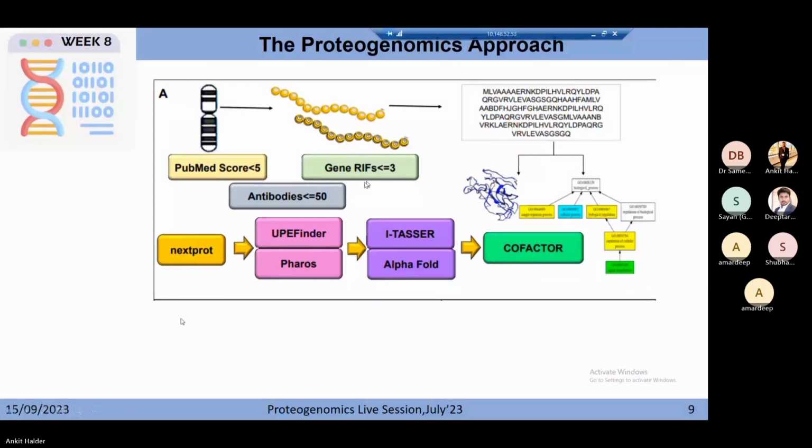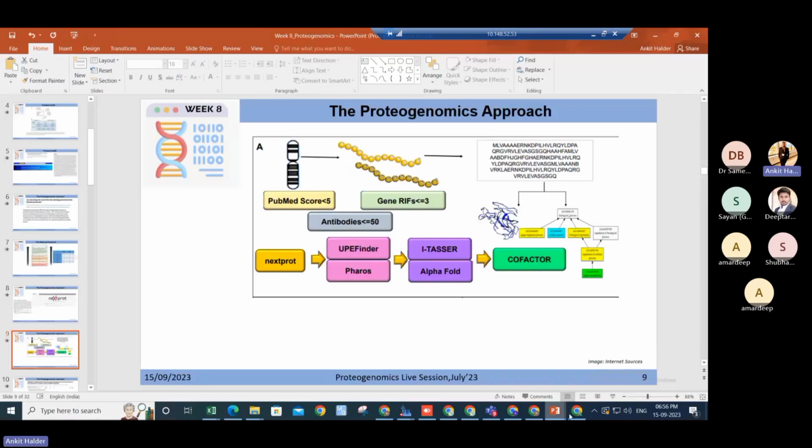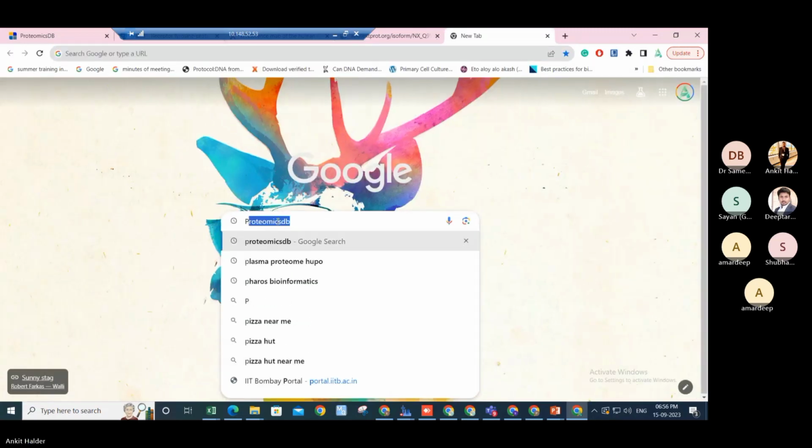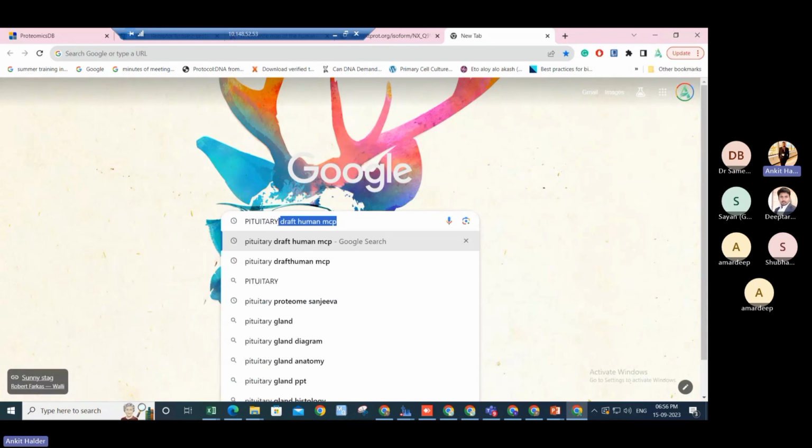So this is a kind of workflow that we have followed for identifying certain proteins, certain UP proteins, which are at different evidence levels. I'll also share the paper, if you want to go ahead and read it, which we have published from our lab.